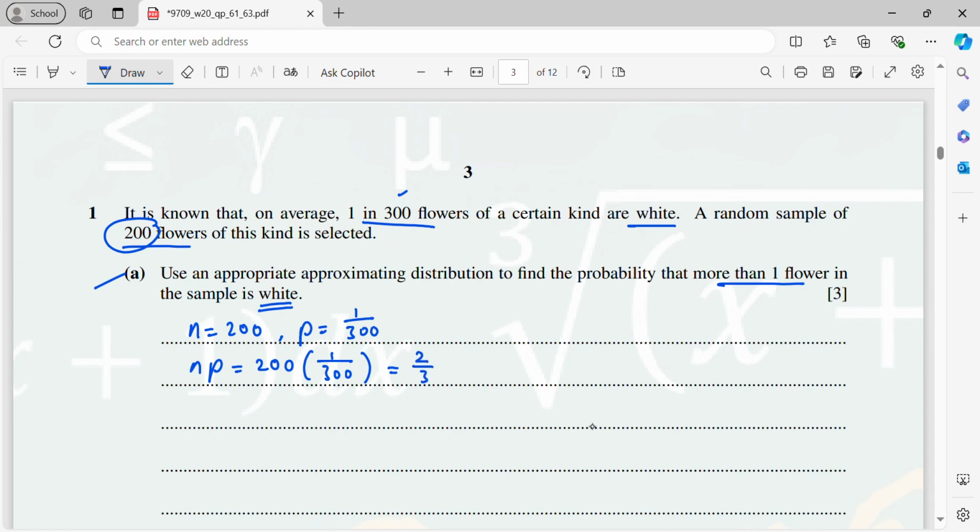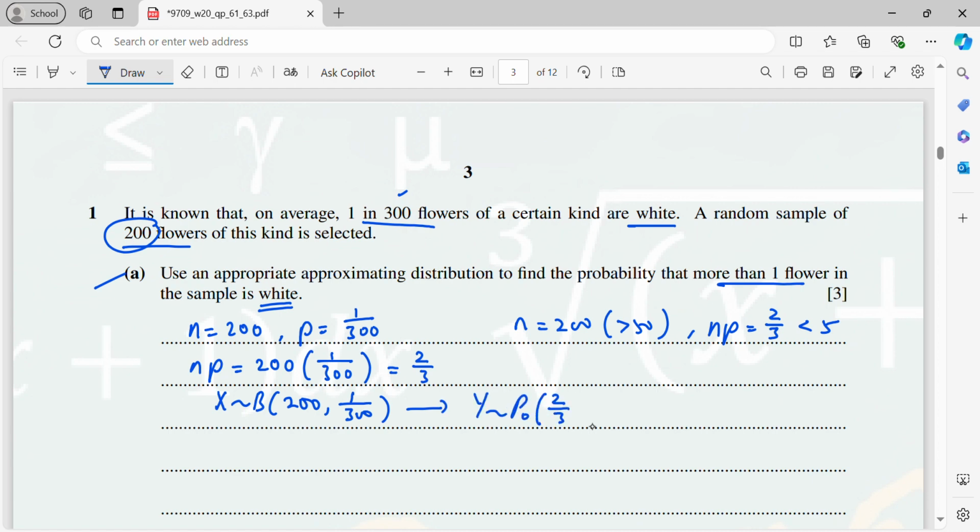We know that n is 200, which is greater than 50, and then np is 2 over 3, which is less than 5. That means instead of binomial distributed, we will approximate it into Poisson distribution with lambda 2 over 3. So the np is actually the mean, that is the lambda.